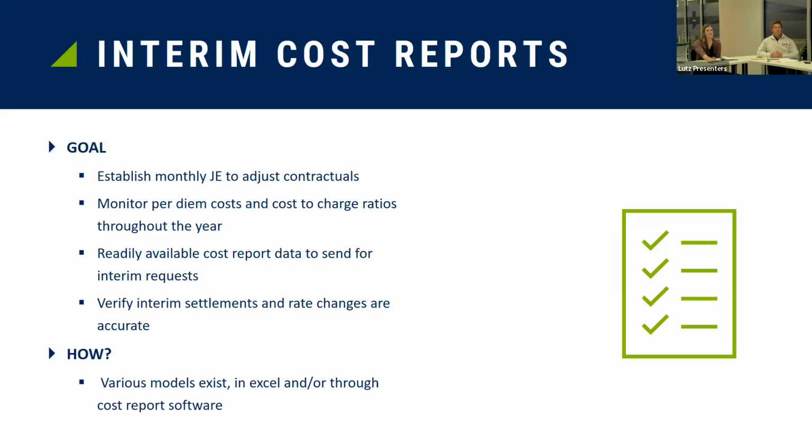If they're using last year's cost report to set the interim, or the operations of your current year are not consistent with where the interim settlement rate change is going, you can always submit an additional interim request to again manage that overall settlement or receivable throughout the year.